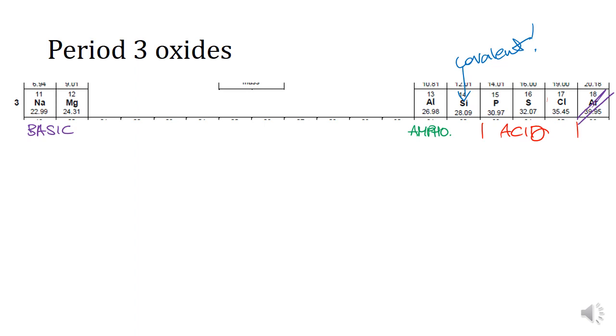So sodium oxide, Na2O, or magnesium oxide, both react with water to make effectively aqueous hydroxide ions.